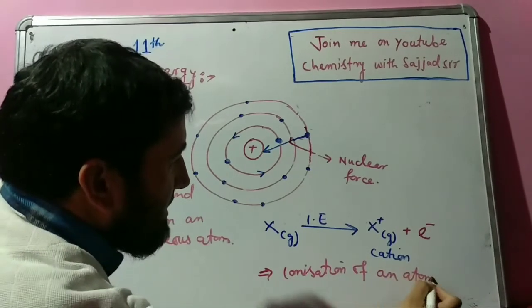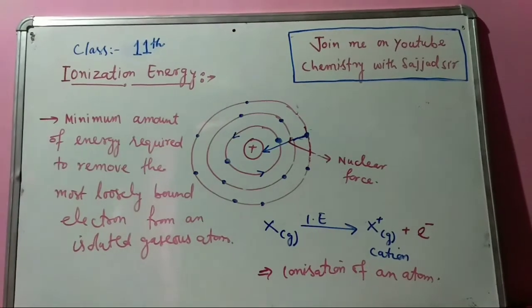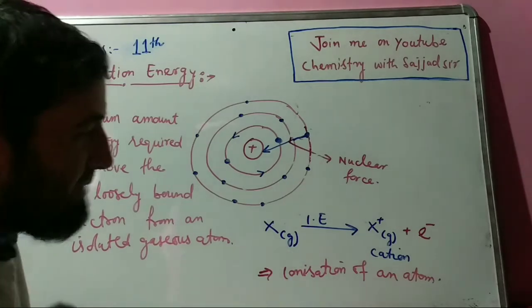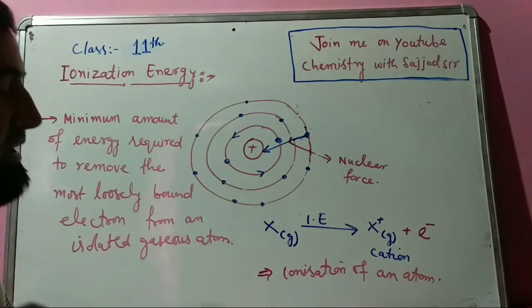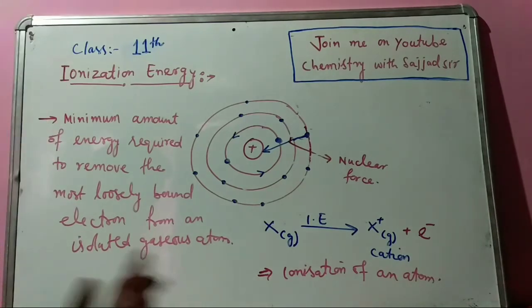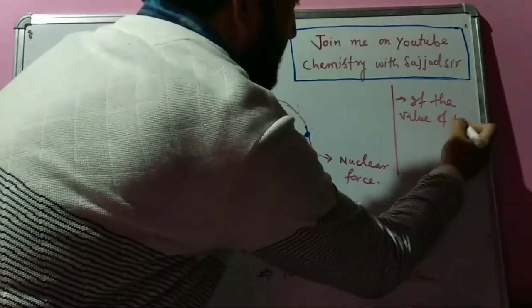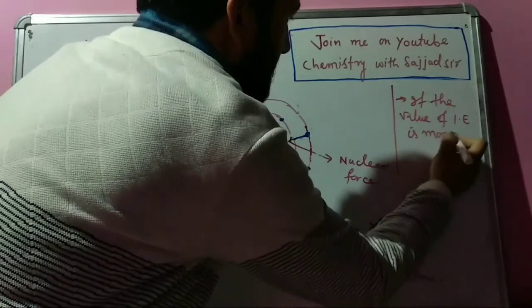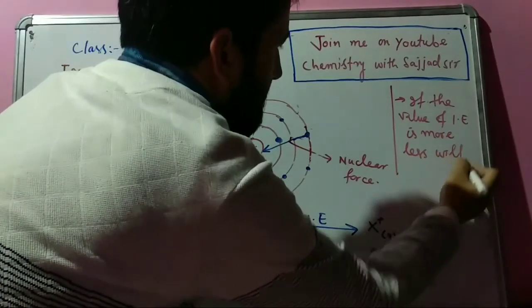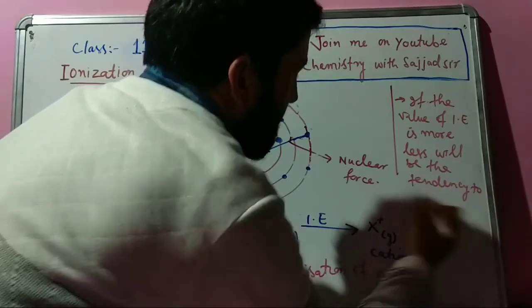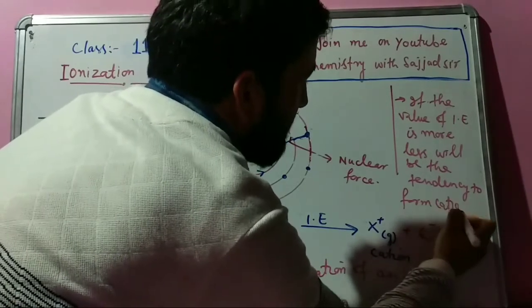Hence we can say that the tendency of an atom to form the positive ion, that's cation, depends upon the value of ionization energy. That is, if the value of ionization energy is more, less will be the tendency to form cation, that is, less will be the tendency to lose electrons.